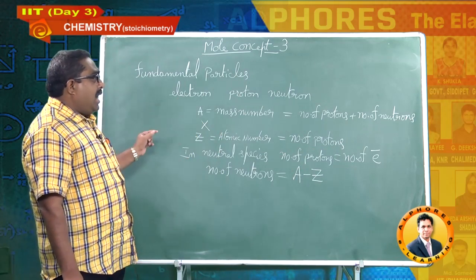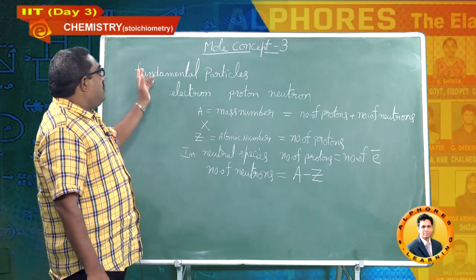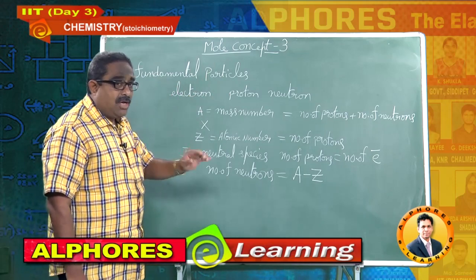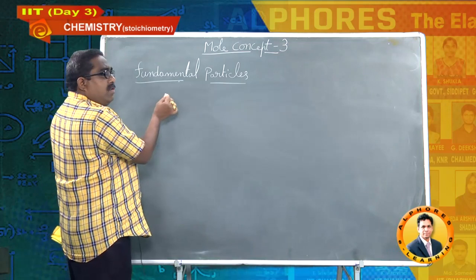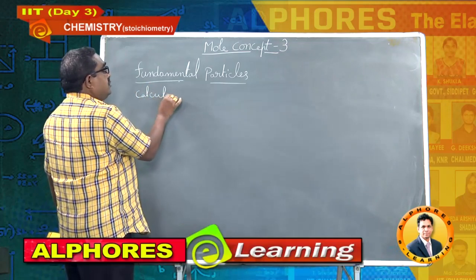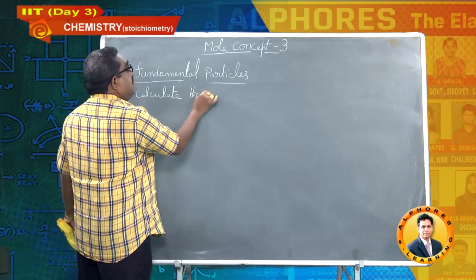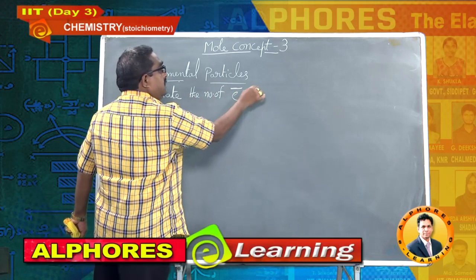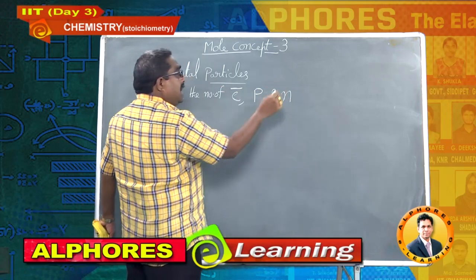Then I have to go for the explanation of how to calculate the fundamental particles in stoichiometric approach. Okay, students, I am going to give a question. Write down students, calculate the number of electrons, protons and neutrons.